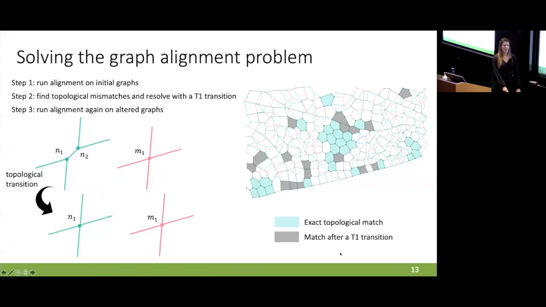And it's clear that if you just make a topological transition and combine these nodes into here, then you'll get a better alignment for the other edges in the set. So what I do is align it once and get all the green faces that have been crystallized. Then I do this set of topological shifting, and then I run it again and get this next set of gray edges.